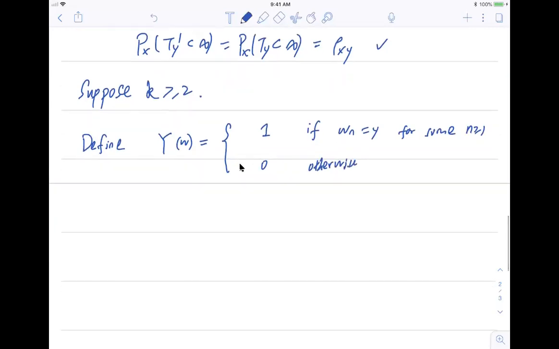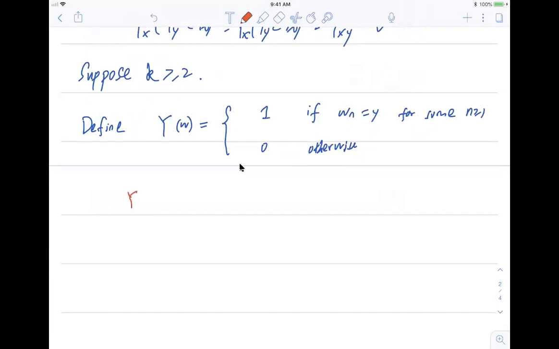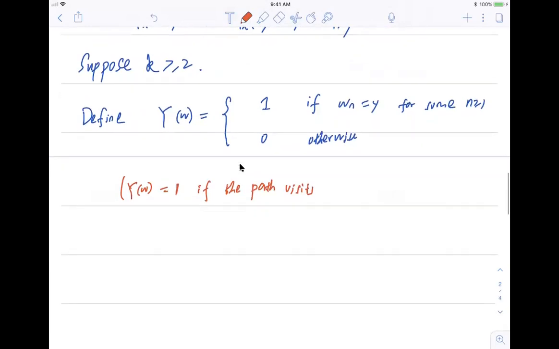So what does y tell you? y omega equals 1 if the path visits y sometime at a positive time.